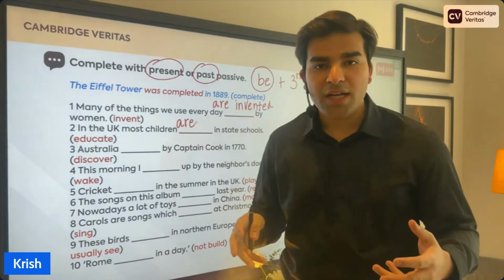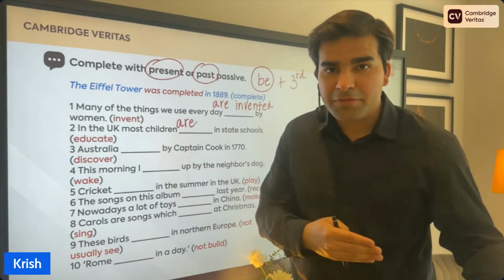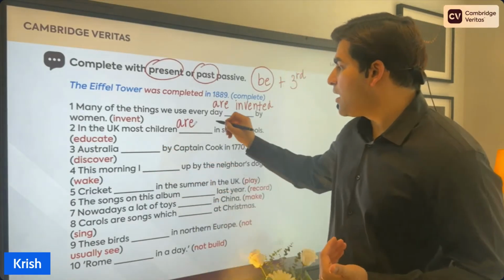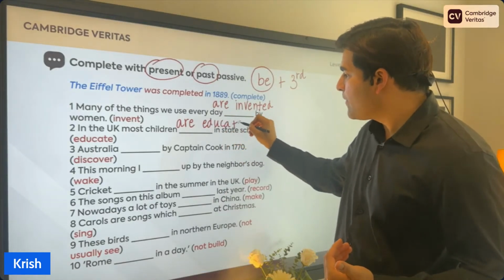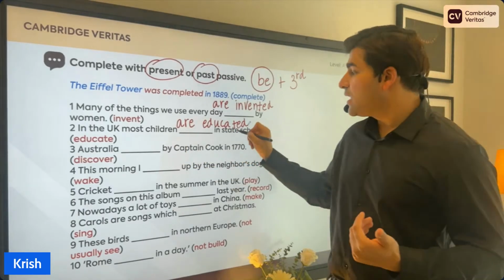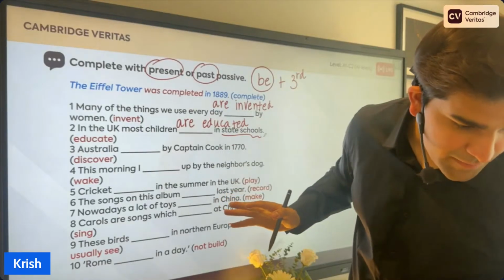If you say were educated, it hardly makes a difference. The only difference is that if you make it past, that means it doesn't happen today. Are educated in state schools. What are state schools? Government run schools. These are called state schools.